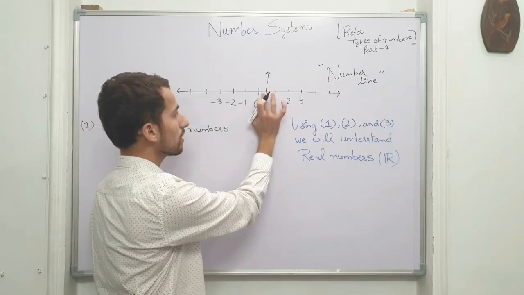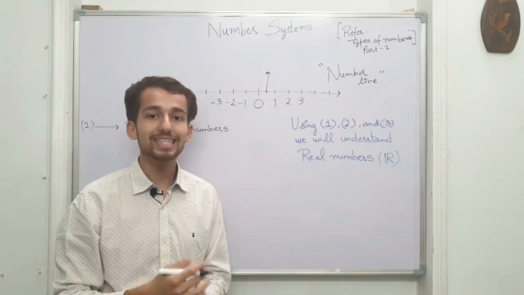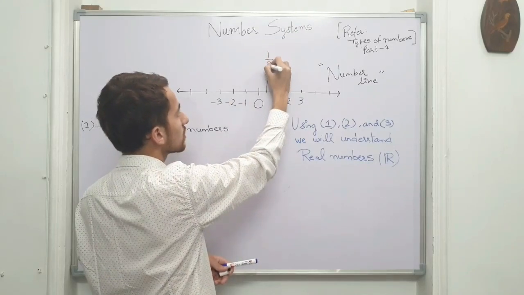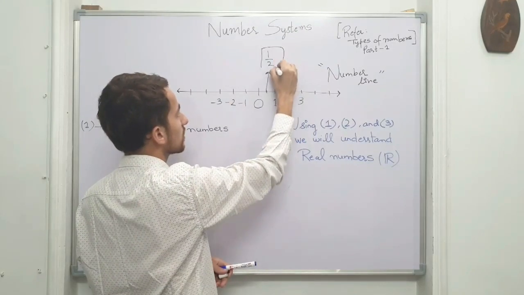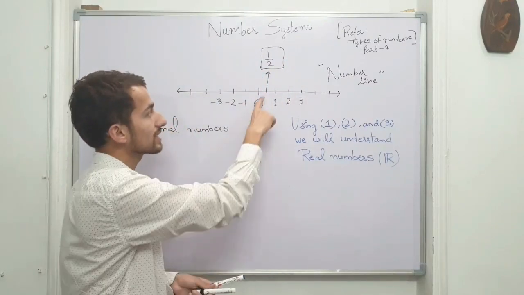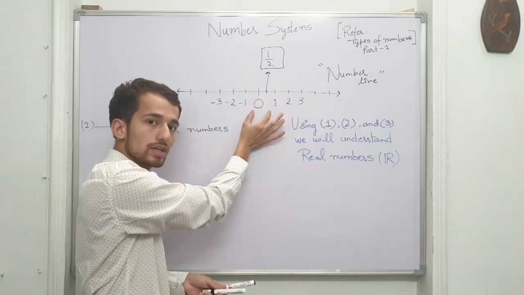This number between 0 and 1 is half. What is this number? 1 over 2. It is just one such number which we have identified, which lies between 0 and 1.